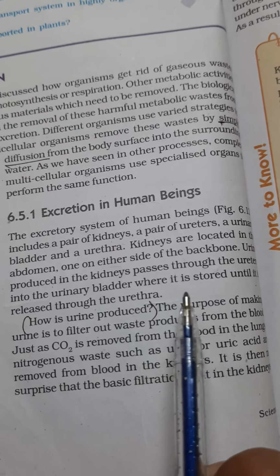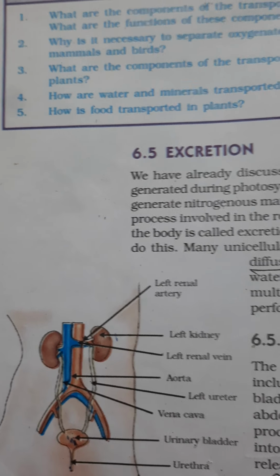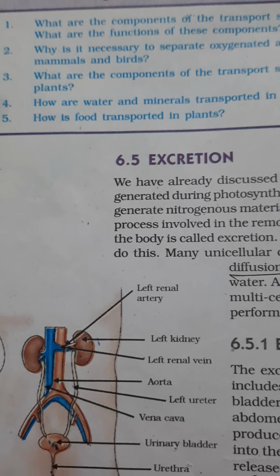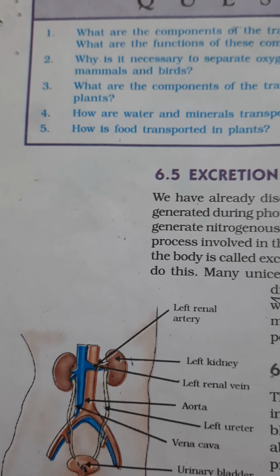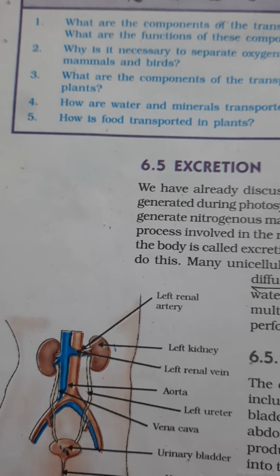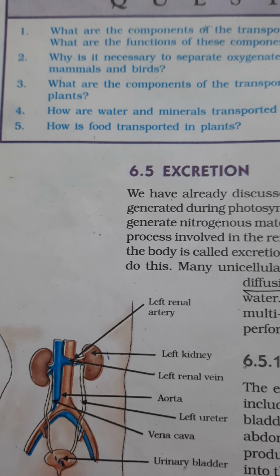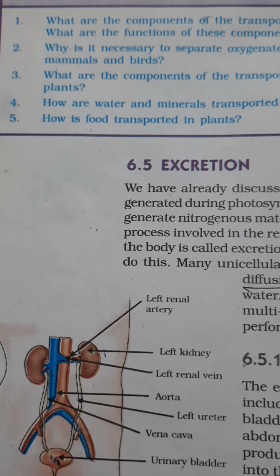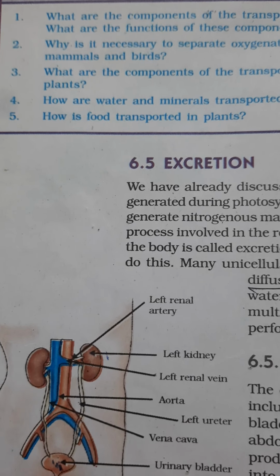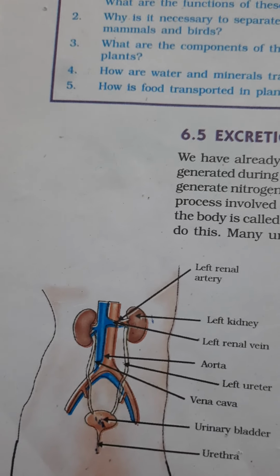Now next, how is urine produced? Since the purpose of formation of urine is to filter out the waste products from our blood, just similar to the carbon dioxide generated during respiration being filtered out by the lungs from our blood, here the nitrogenous waste, urea, should be filtered out from the blood through the kidney.